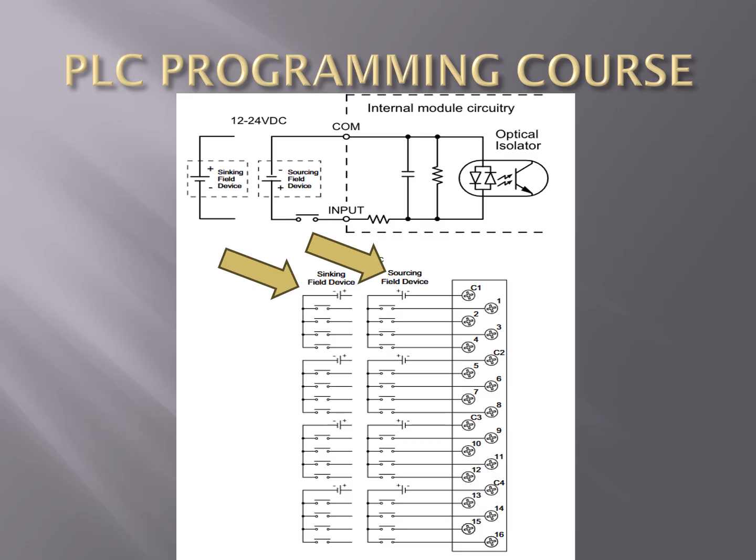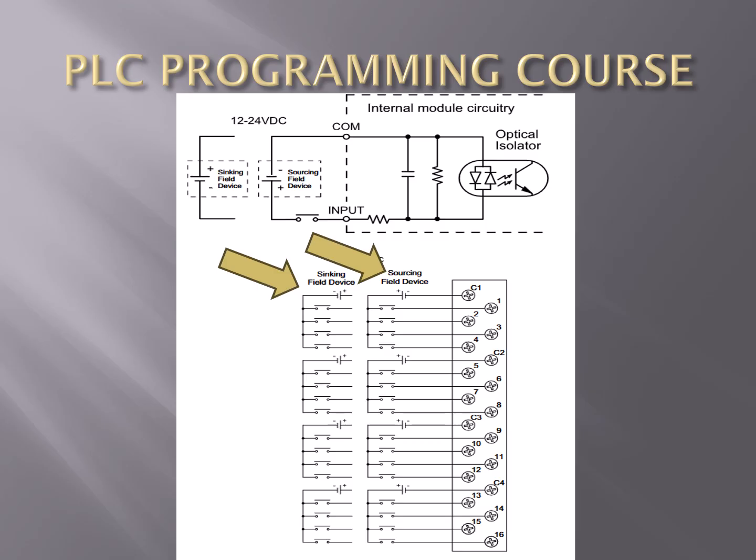So as you can see, a sourcing field device has a power supply shown, with the positive of the power supply connected to all of the push buttons. That's considered a common to the push buttons.